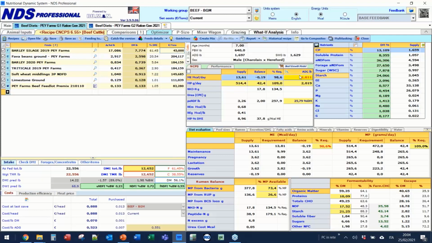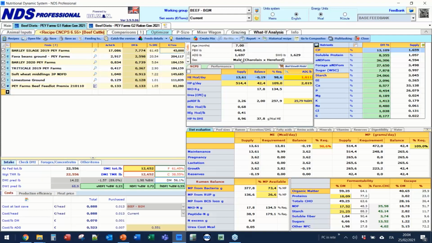Of course, we should have the predictions quite close to what we measured as real average daily gain during the period.